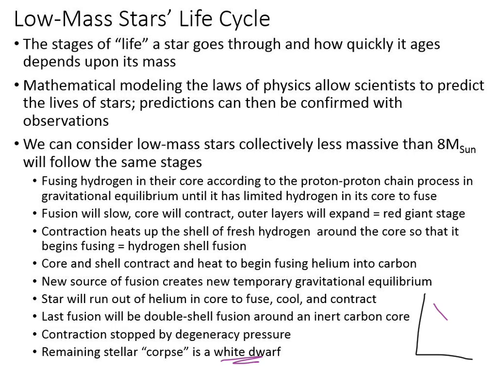If this is the main sequence, white dwarfs are right down here. That is your white dwarf, which means it's low luminosity and probably still kind of warm. Back to your question about the brown dwarf: white dwarf, brown dwarf. The white dwarfs will cool off, and you can maybe even go stand on those too, but they're pretty hot at first.